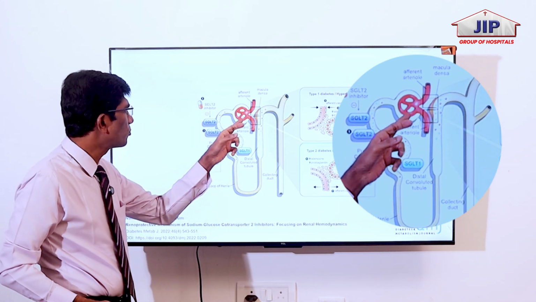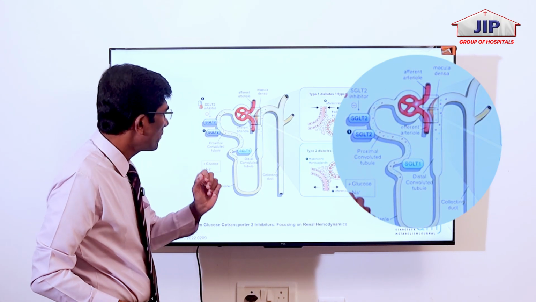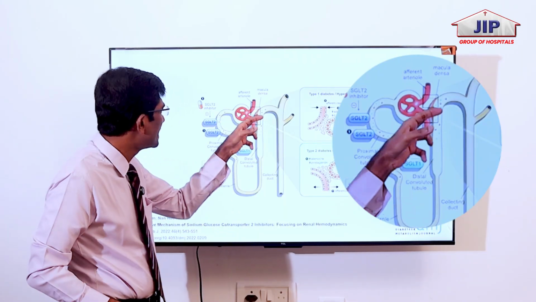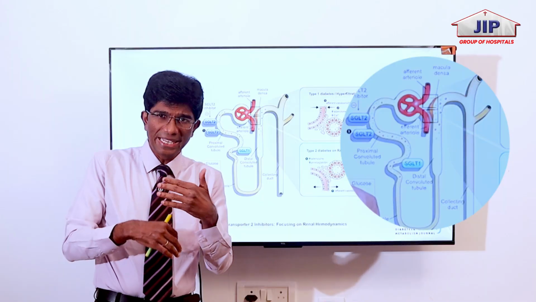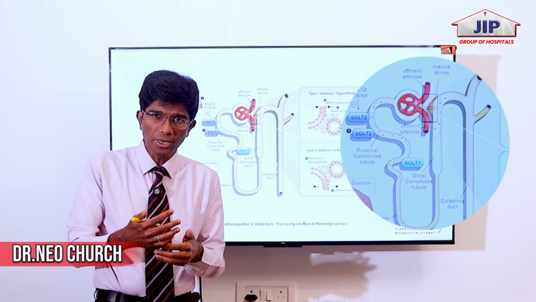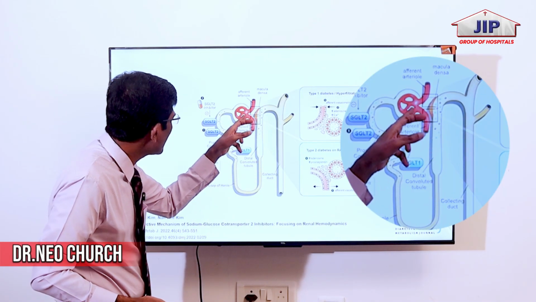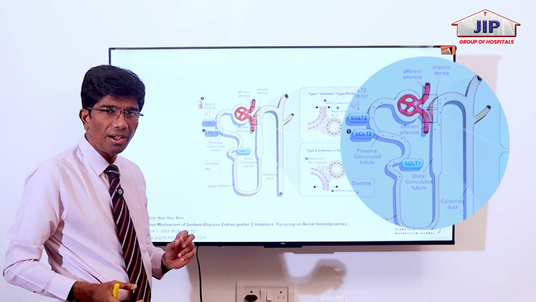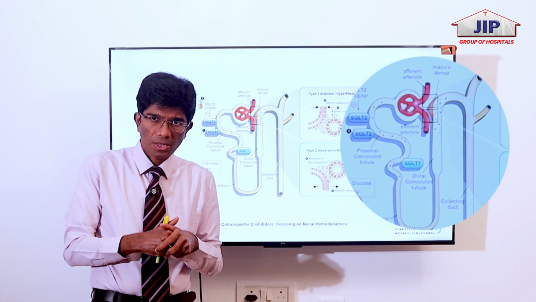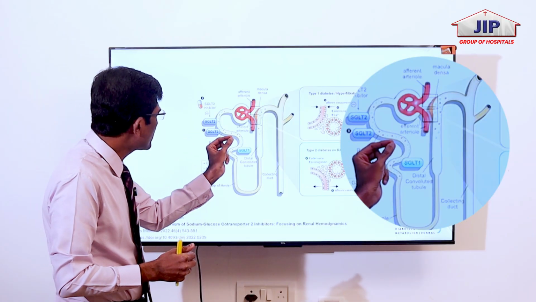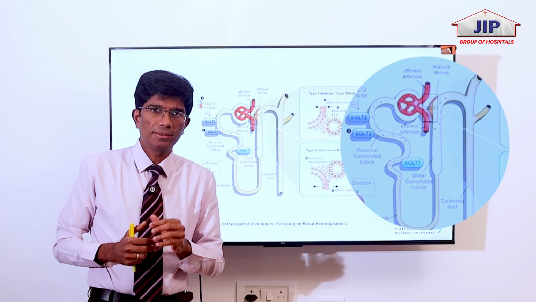So what is the most important consequence when more and more sodium is delivered to the distal tubule? This is sensed by the macula densa, otherwise called the specialized distal convoluted tubule, due to which it secretes adenosine.